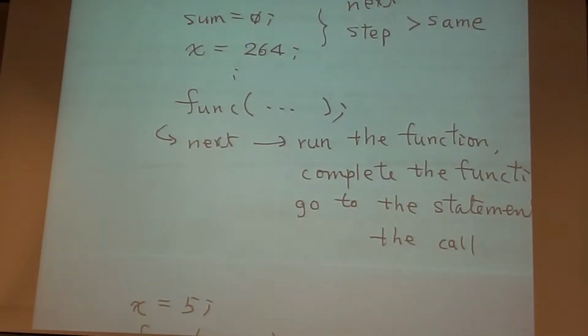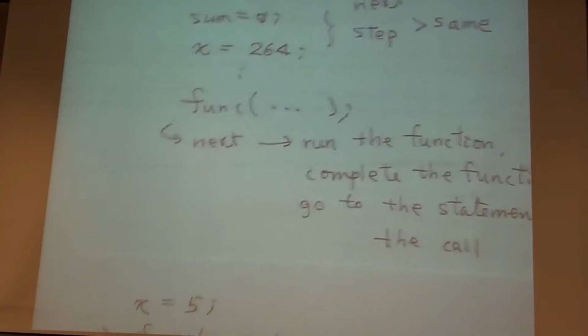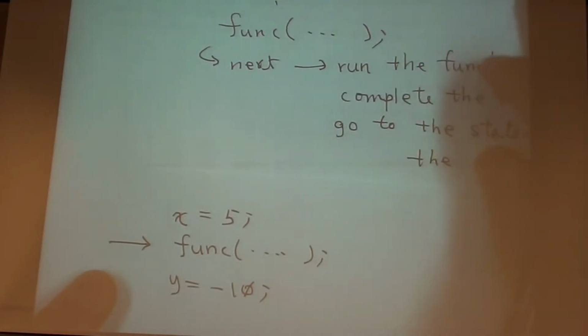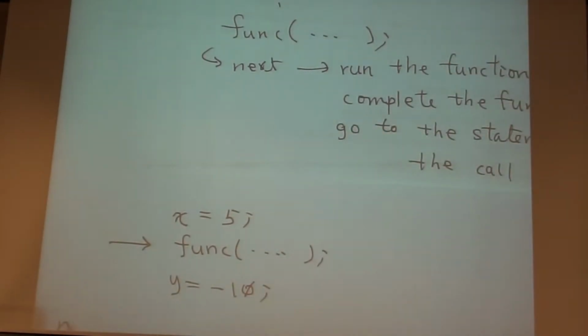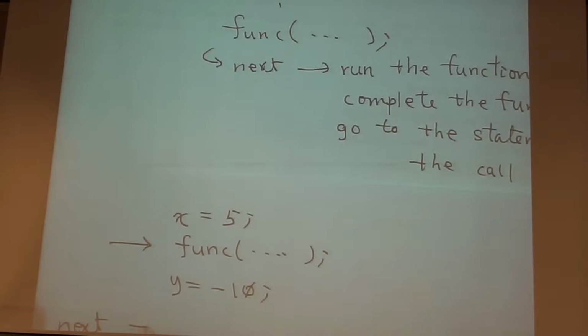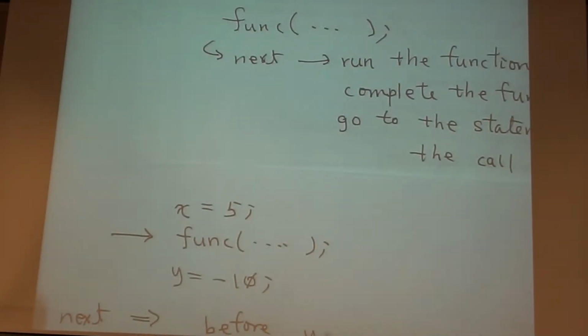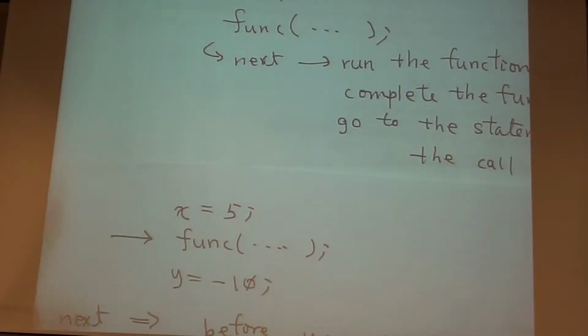If currently the program stops here, your program stops here, and you say next, then the program will be before y equal to minus 10. Means you run the function and you finish the function. That's next.